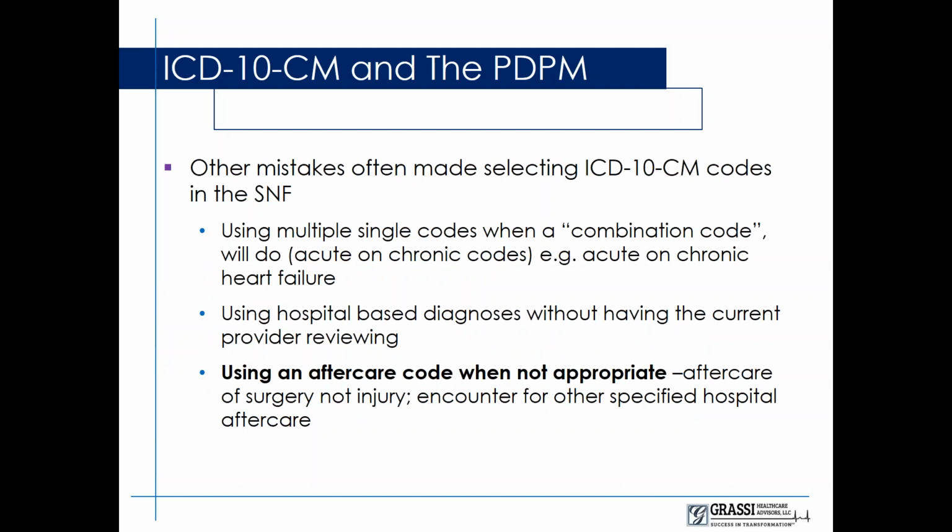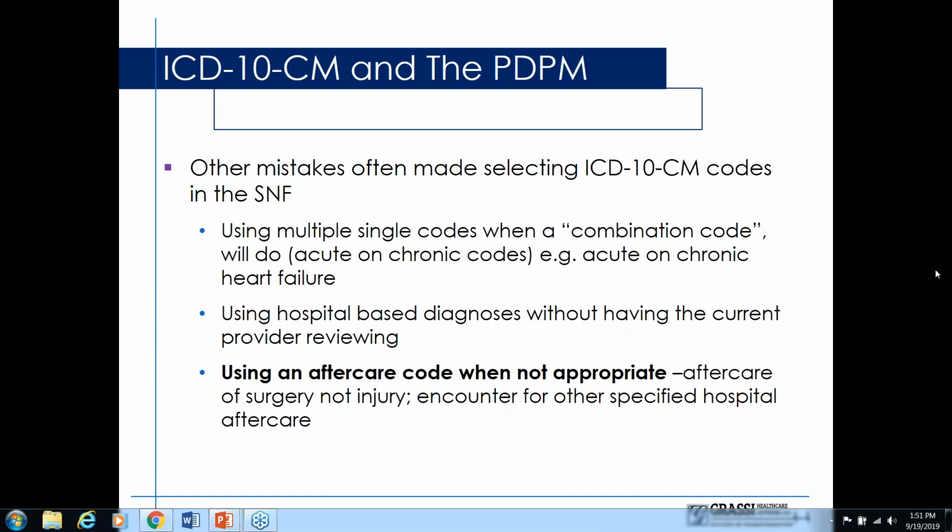Again, we talked about some other mistakes, using single codes when there are combination codes, especially for some things like chronic kidney disease and heart failure, diabetes with manifestations. I can foresee probably a majority of the patients that required skilled nursing facility stays, you're going to see opportunities to be using some of these combination codes.